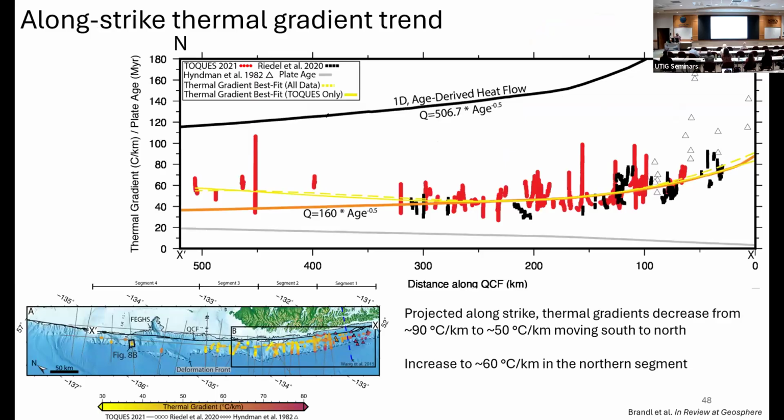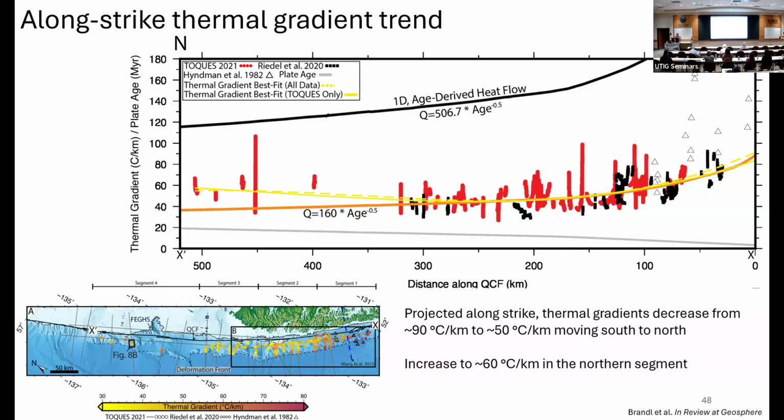So with our BSR observations, we're most interested in looking at some of the relative trends that we see in the calculated thermal gradients. This plot is of thermal gradient versus distance along the QCF. So this is the southern edge, this is the northern edge. All of the red and the black dots are BSR observations with their associated thermal gradient.